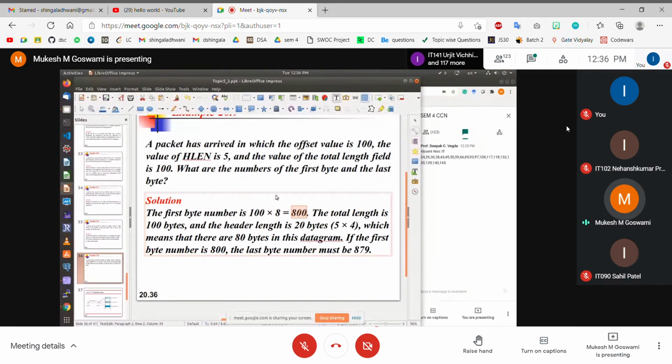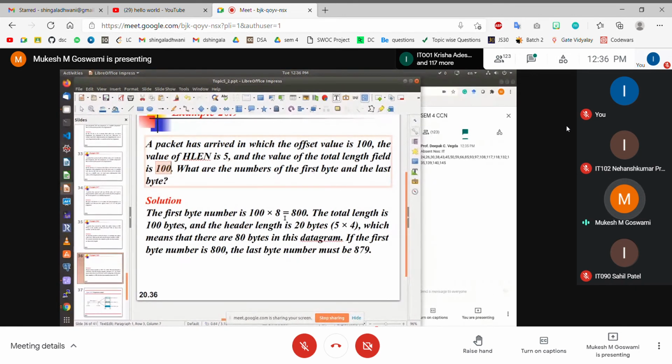Now I would like to know the number of the last byte. The last byte can only be known if I know the length of data. What is the length of data carried by this packet or segment? The length of data can be obtained by subtracting the h length from the total length.